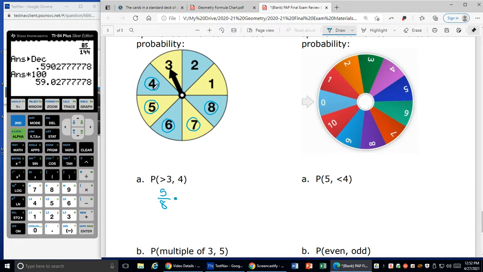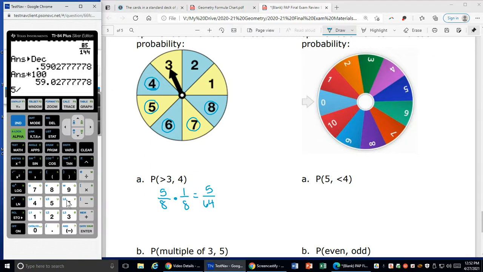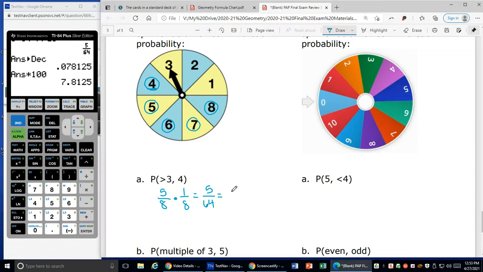And then the probability that we get a 4, there's 1 4 out of 8 total sections. So that's going to be 5 times 1, 8 times 8, 5 out of 64. I don't believe that reduces. Nope. So then as a decimal, times 100, that's going to be 7.8%.